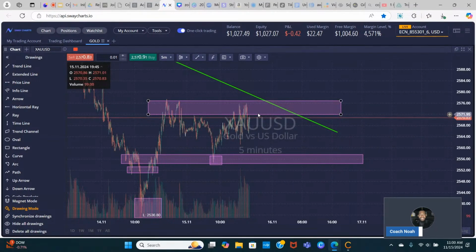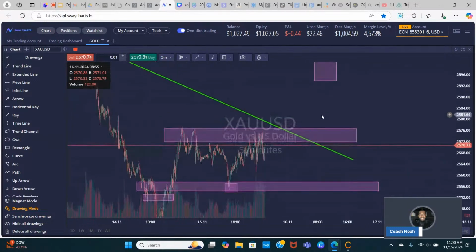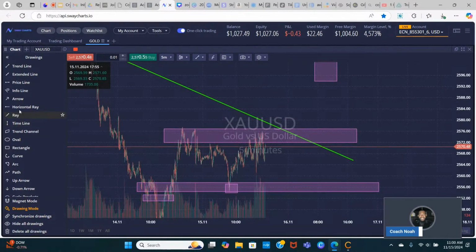Okay, so what I would do is probably wait to see what it's going to do in this area, see if it comes and tests this trend line. And a scenario that could probably play out is test the trend line, respects it, comes back down. All right, that's one scenario.